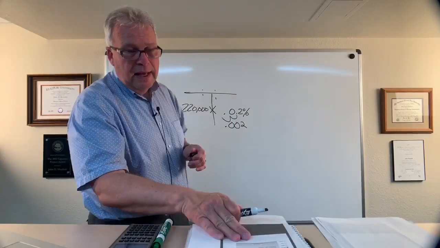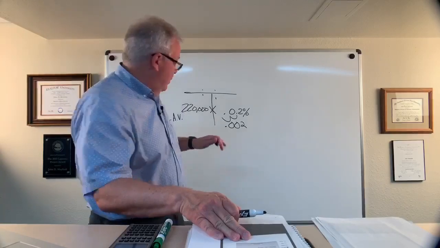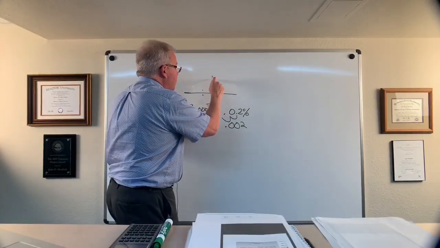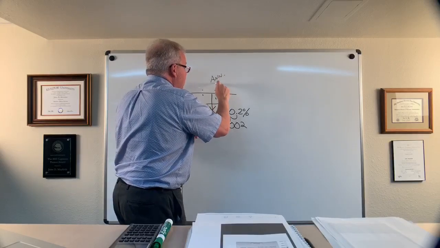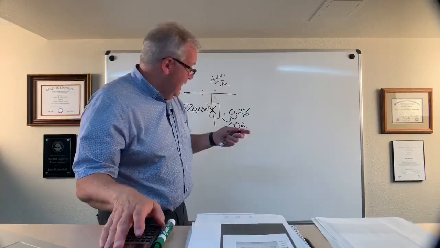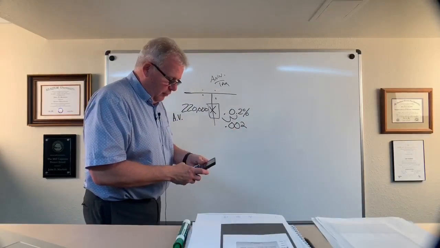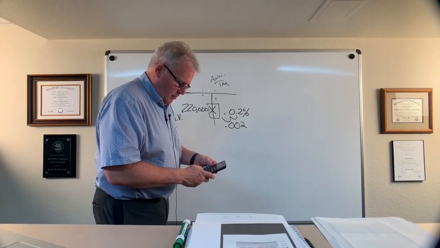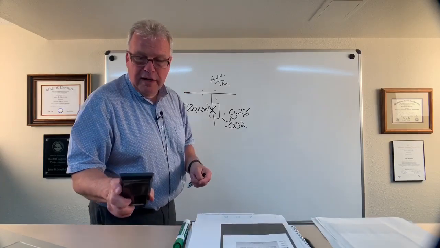How we got that? Now we just take 220,000. This is going to give us our annual tax. 220,000 times 0.002. And that's $4,000. Or pardon me, it is $440.